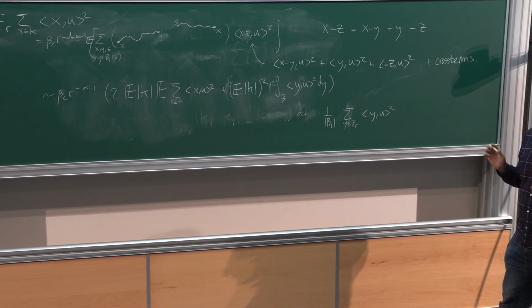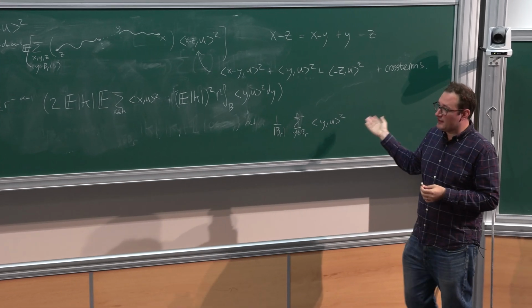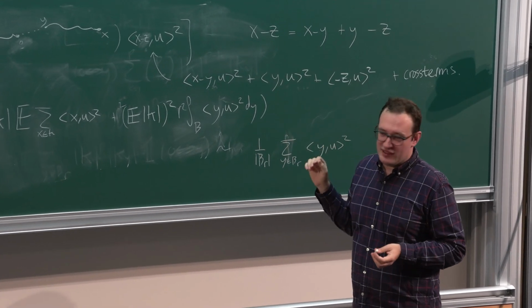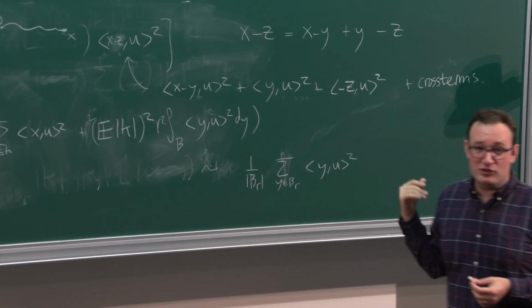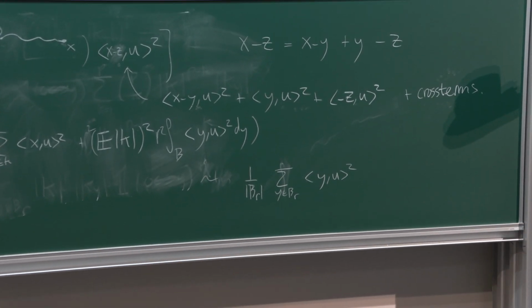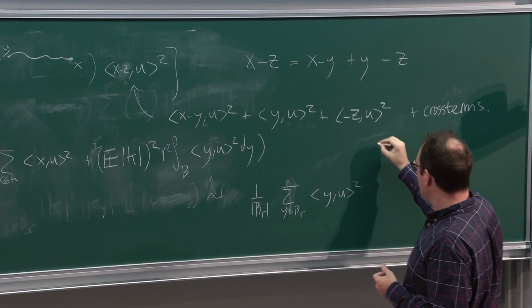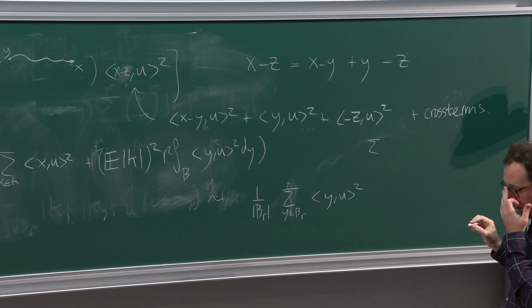It's a very, very similar thing. And then that gives that the errors here are negligible for essentially the same reason as when we were just looking at volume moments.